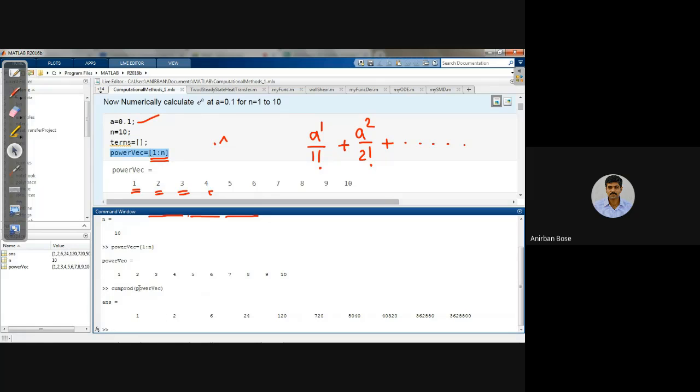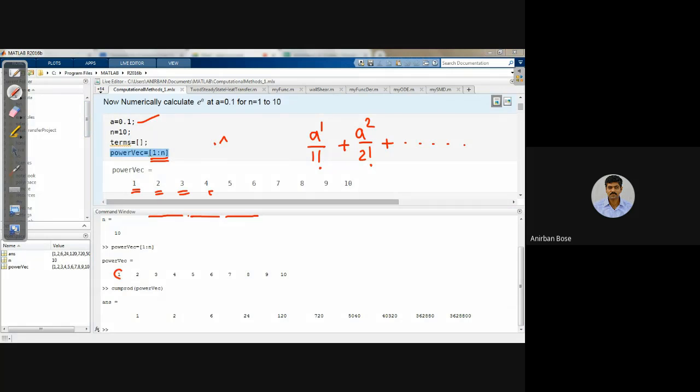See, comprod is basically the cumulative product of the terms. So the first term is basically, you observe, this is 1. Then the second term is basically 1 into 2. What is the third term? Cumulative product, so the product of the first three terms, 1 into 2 into 3. What is this term? 1 into 2 into 3 into 4.